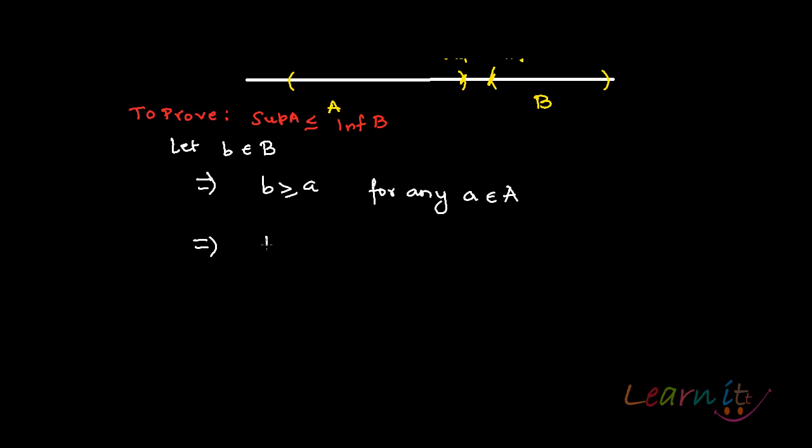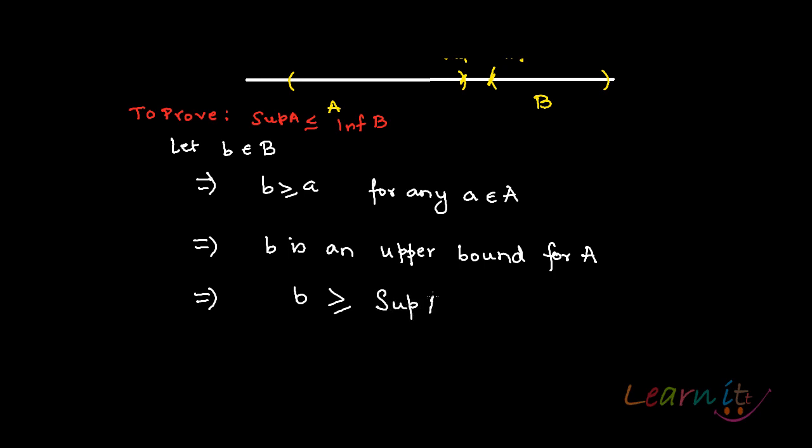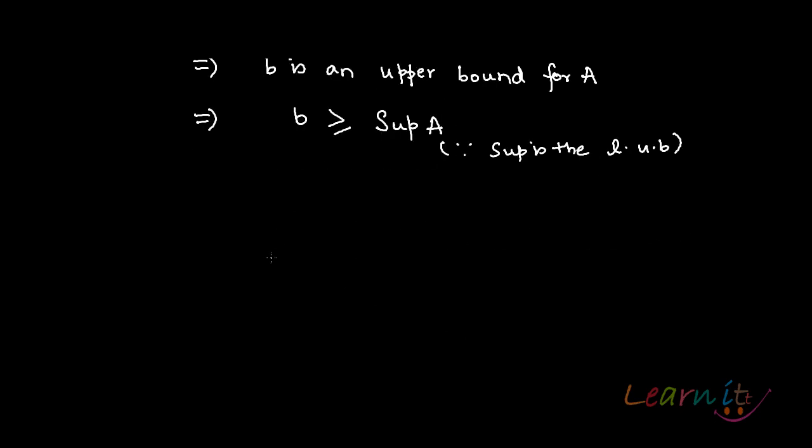That implies that b is an upper bound for A. B is an upper bound for A, and that would imply that b is greater than or equal to supremum of A, because sup is the least upper bound. So any other upper bound needs to be greater than or equal to that, right?